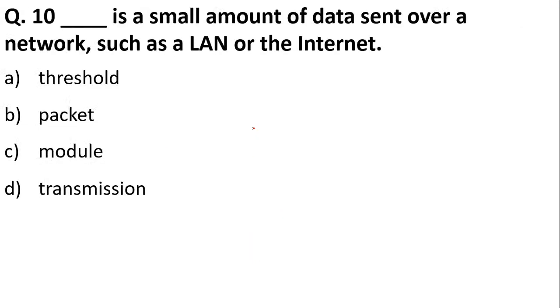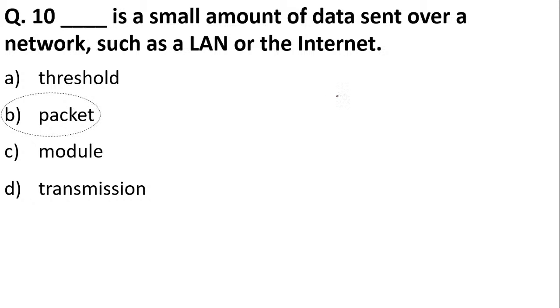Okay. Dash is a small amount of data sent over a network such as a LAN or the internet. So the data that you are sending over the internet is chopped up into packets. These packets have an address, the source address and the destination address.